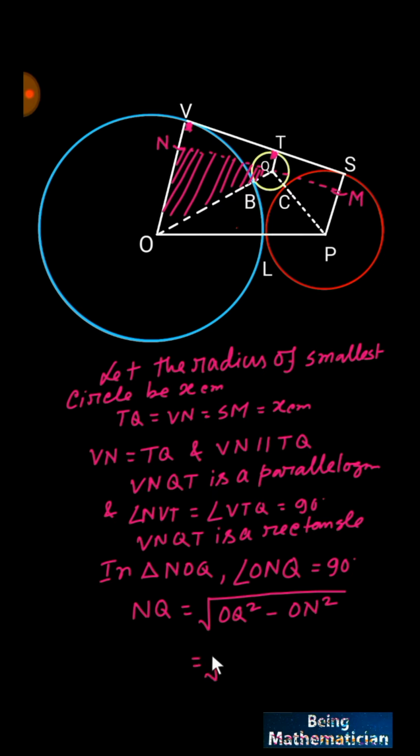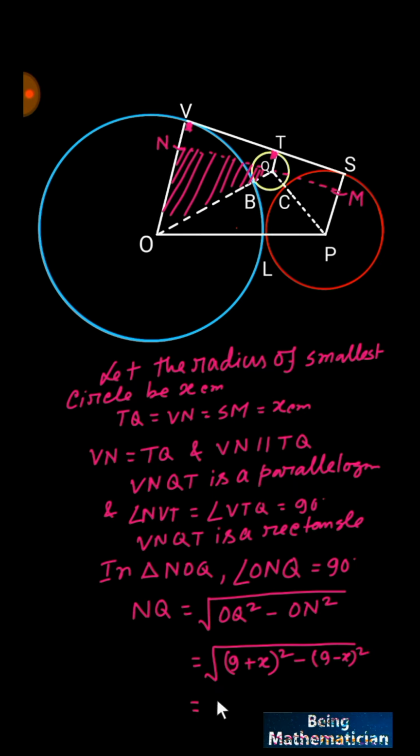So it is root over OQ is 9 plus x whole square minus ON is 9 minus x whole square.